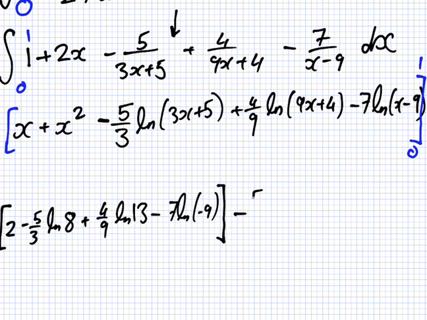Minus, and then I put in 0: 0, minus 5 over 3 log 5, plus 4 over 9 log 4, minus 7 log of minus 9. Oh, sorry, I'm putting 1 first, not 0. Thank you. I was going to the next step. So this is minus 8, yes.